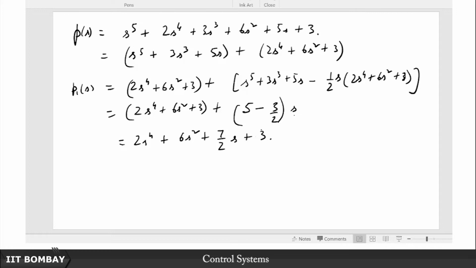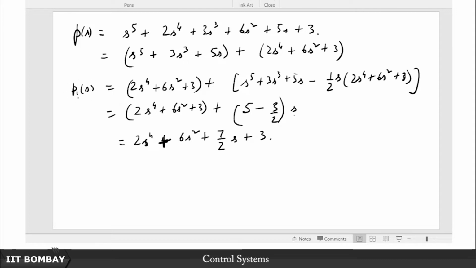Now, in so far as deducing the roots of this polynomial, the moment you have some coefficient missing, you can always treat it in the same manner as you would treat a change of sign. So if you have a coefficient missing here, you can immediately deduce that this polynomial P1(s) cannot have all its roots on the open left half plane, and therefore it does not satisfy the interlacing property.